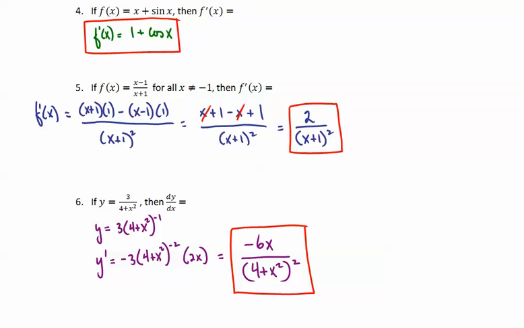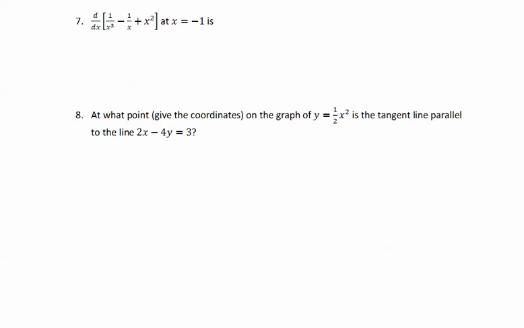We'll scroll down and go to number 7. With number 7, we have the derivative of 1 over x cubed minus 1 over x plus x squared.